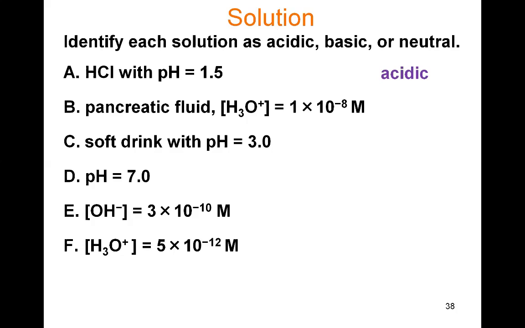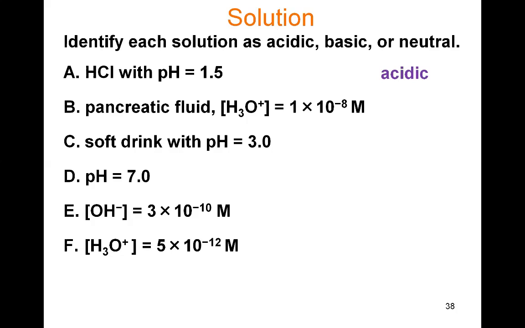Pancreatic fluid with a concentration of H3O+ equal to 1 × 10^-8 molar. If you look at this value, you need to remember that you need to compare the hydronium ion concentration to the value of 1 × 10^-7 molar. That's the reference for a neutral solution.